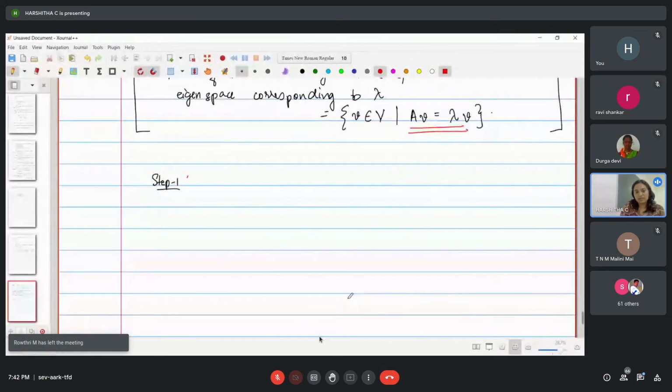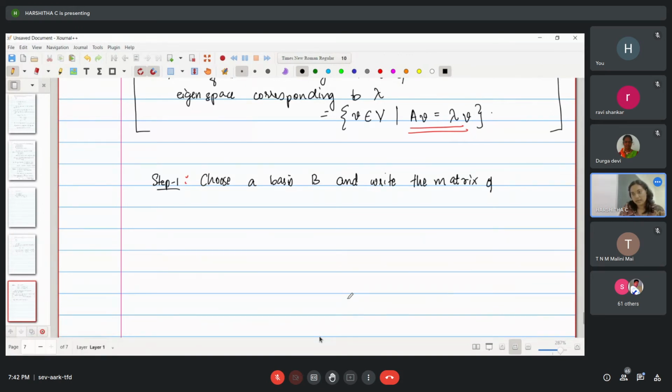Okay. So we have this transformation. The first step is to choose a basis B and write the matrix of P with respect to this basis.